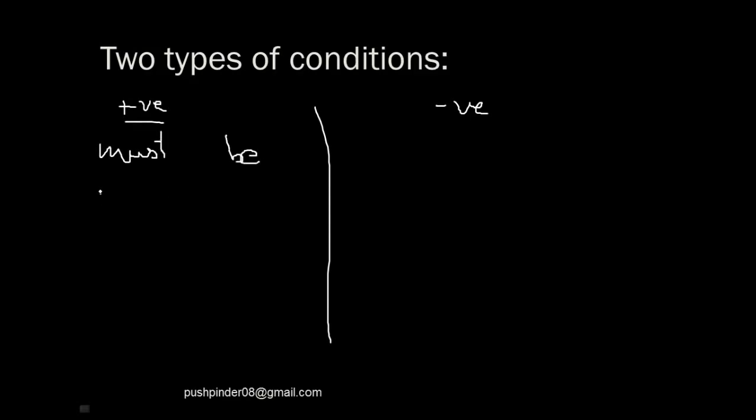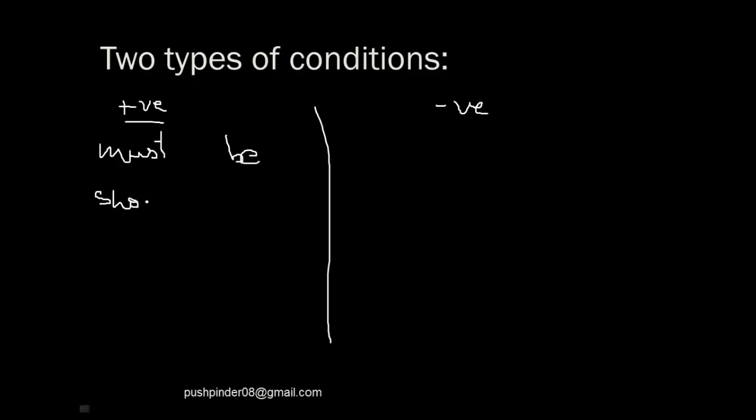So there are 2 types of conditions. The first are positive conditions and the second type are negative conditions. So what is the difference between them? The positive conditions are the conditions relating to must be or should be, stuff like that, right?